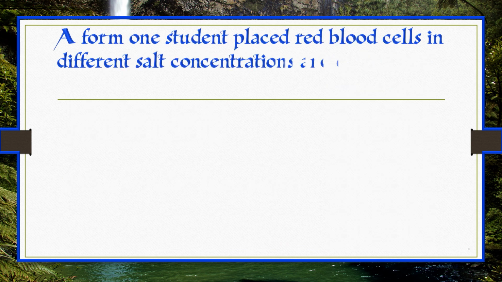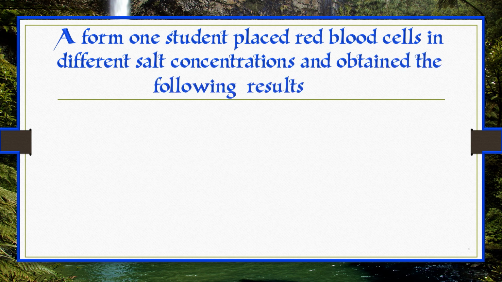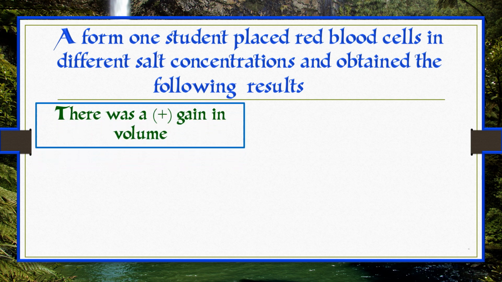A Form 1 student placed red blood cells in different salt concentrations and obtained the following results. In the first one, there was a positive gain in the volume.